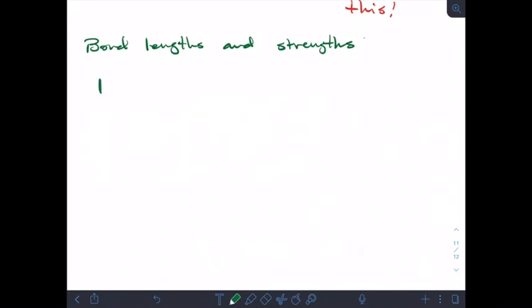So with bond lengths and bond strengths, a single bond, I don't know why I put a 1 there, let's take that away. A single bond is the longest and weakest. Okay, that's analogous to the single bungee cord.